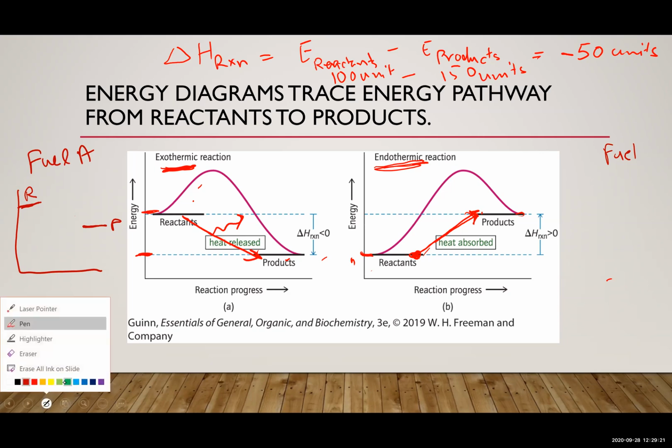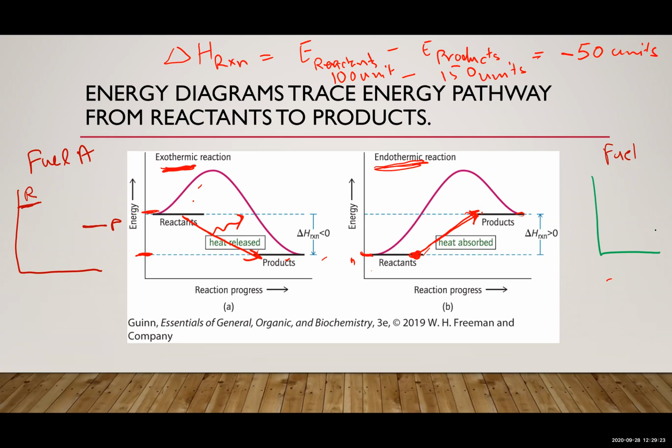And in fuel B, let's say this is fuel B. That's the reactant and that's the product. Which fuel is better, fuel A or fuel B? Better means caloric value.